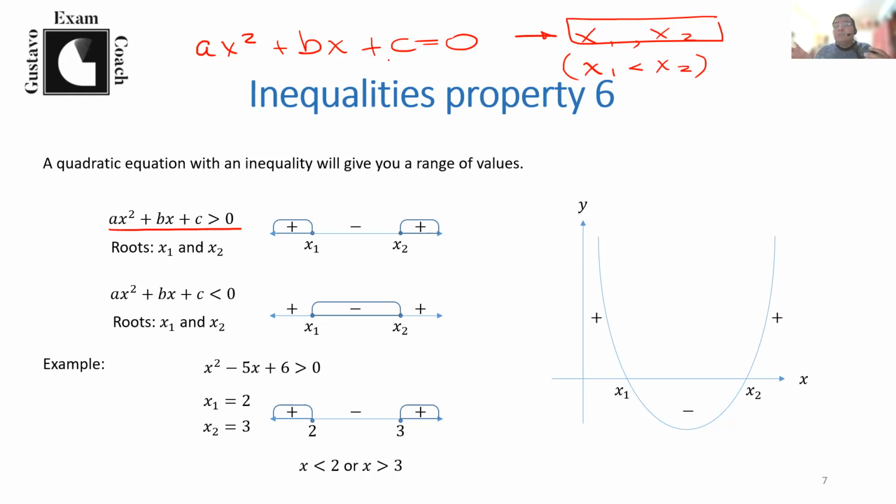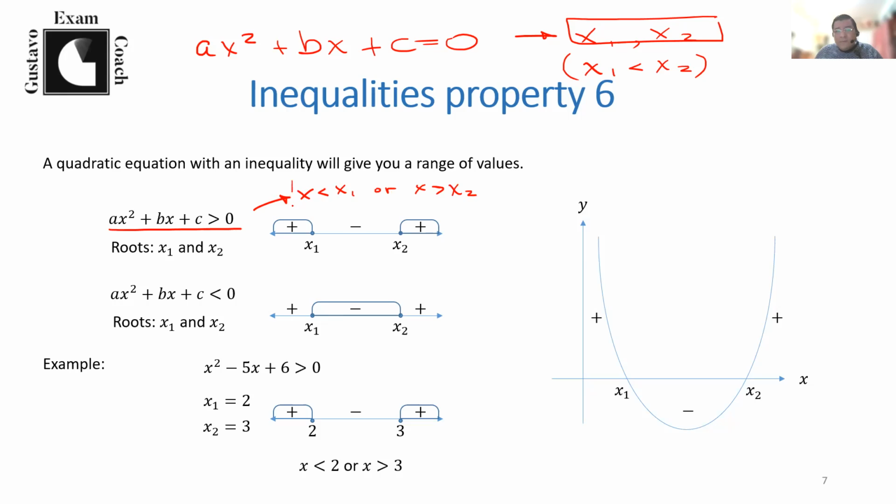The one that would result from substituting the inequality symbol for the equality symbol. Okay, once you solve x1 and x2, then you can say the solution set for this inequality would be simply all values of x that are outside the interval formed by the two roots of the equation. In other words, x less than x1 or x greater than x2.